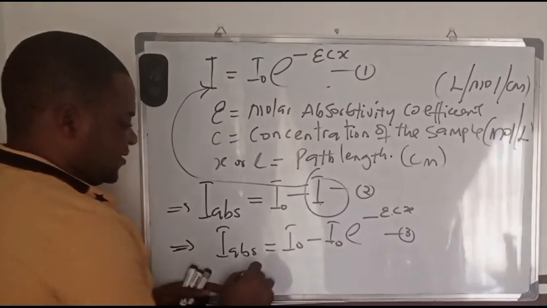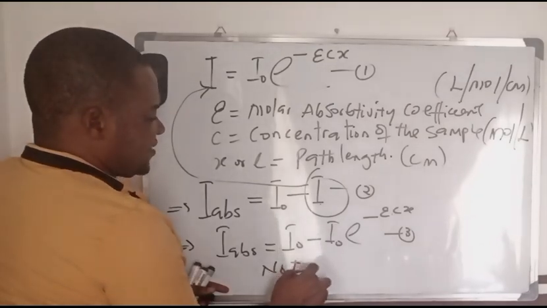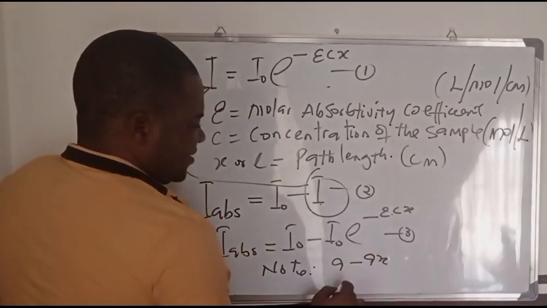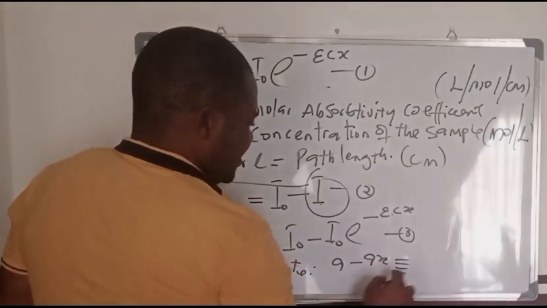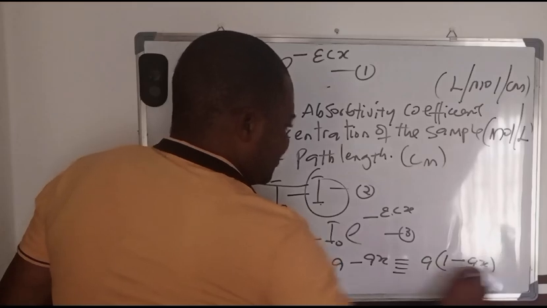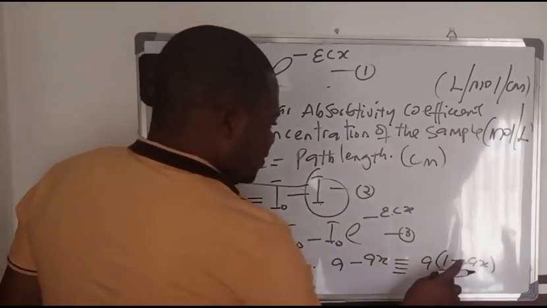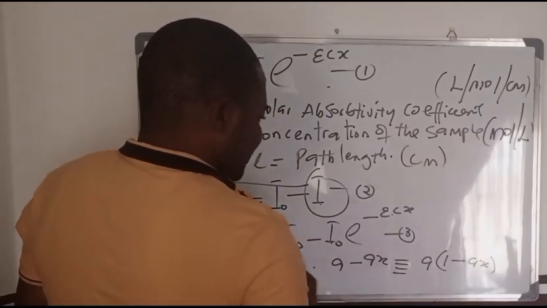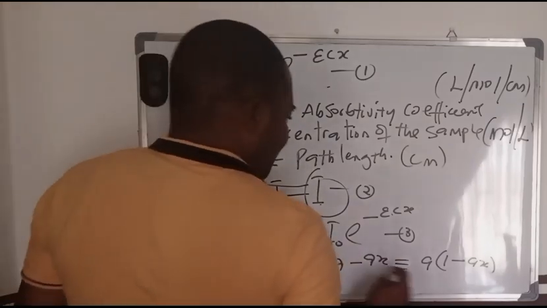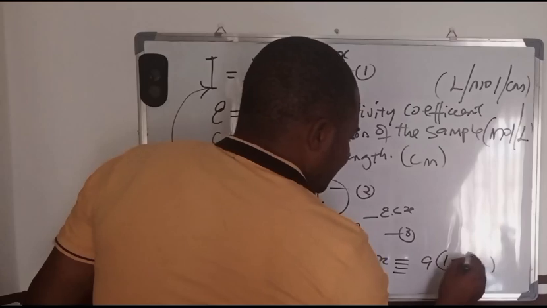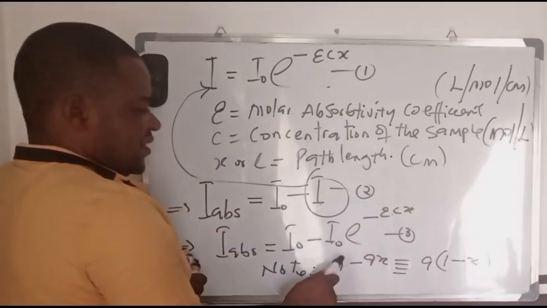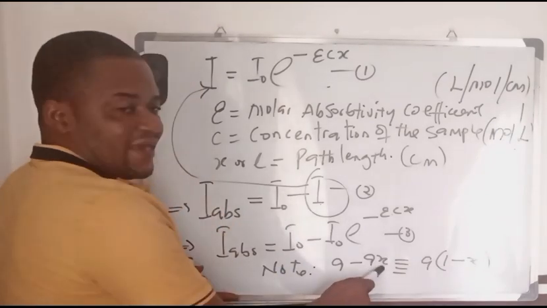Now, in mathematics, just note that when you have A minus AX, you can rewrite this equation as A bracket 1 minus X. This is because A times 1 is A and A times X is AX.